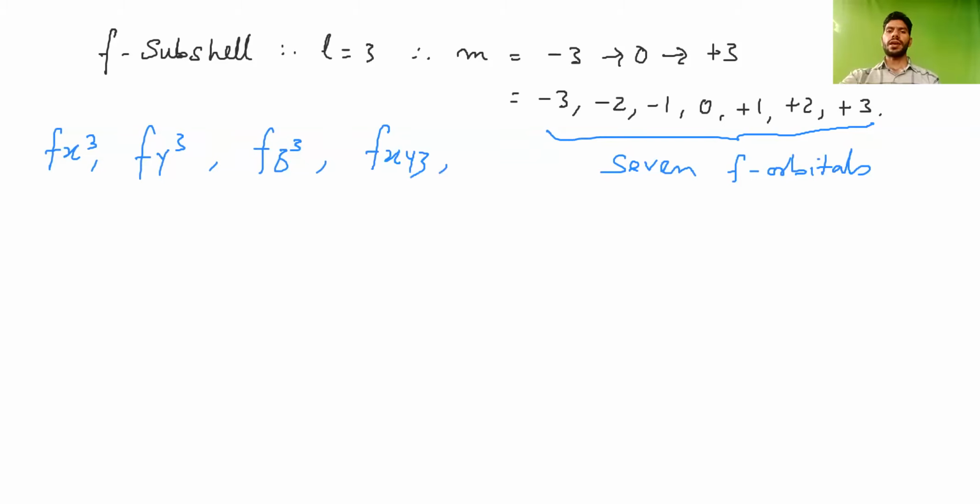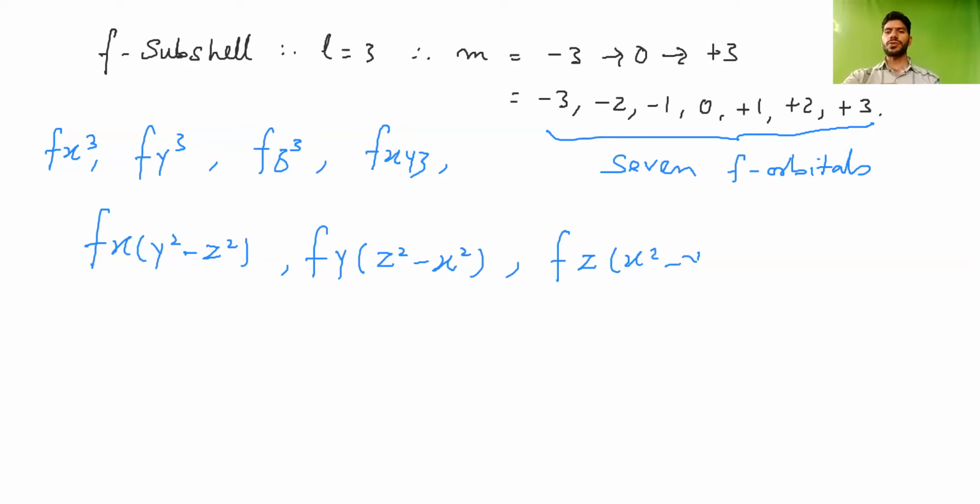Then we have fx(y square minus z square), then fy(z square minus x square), and then fz(x square minus y square). So these are our 7 f orbitals. Now, on this 0 value, here you can see this 0 value, for which f orbital will 0 be?